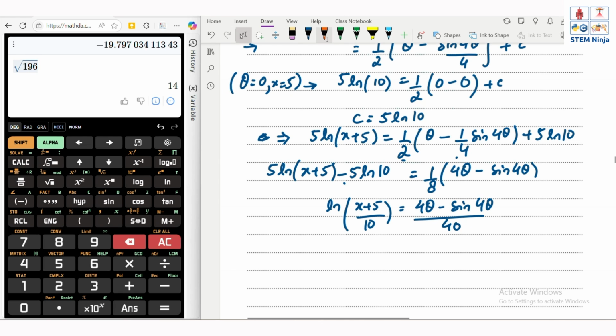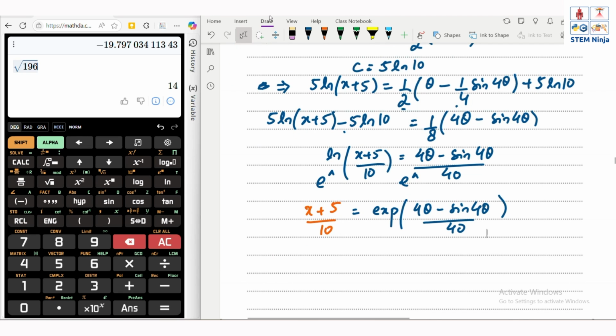Right, now we reverse the ln, so this becomes x plus 5 over 10 equals exponent of 4 theta minus sine 4 theta divided by 40.